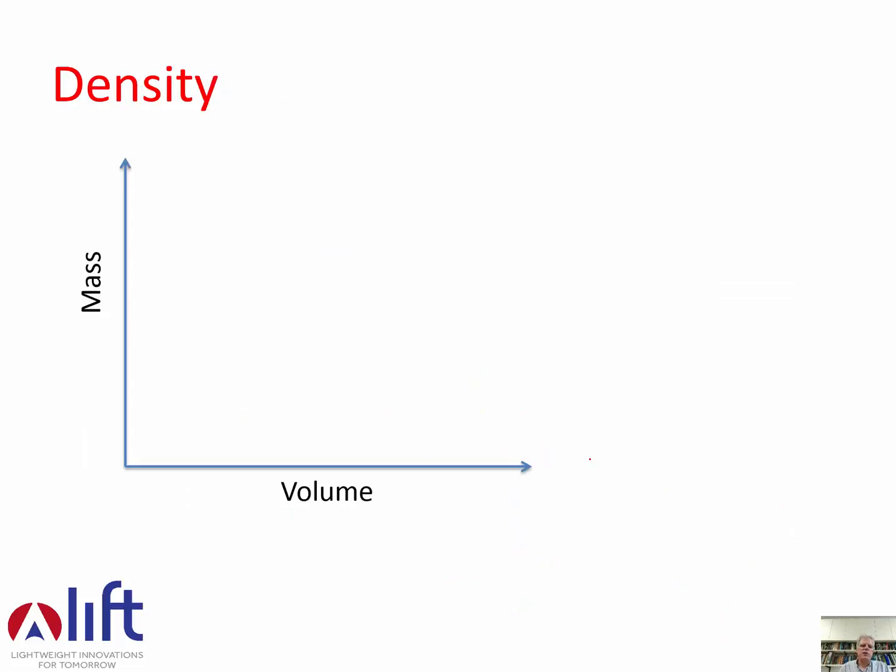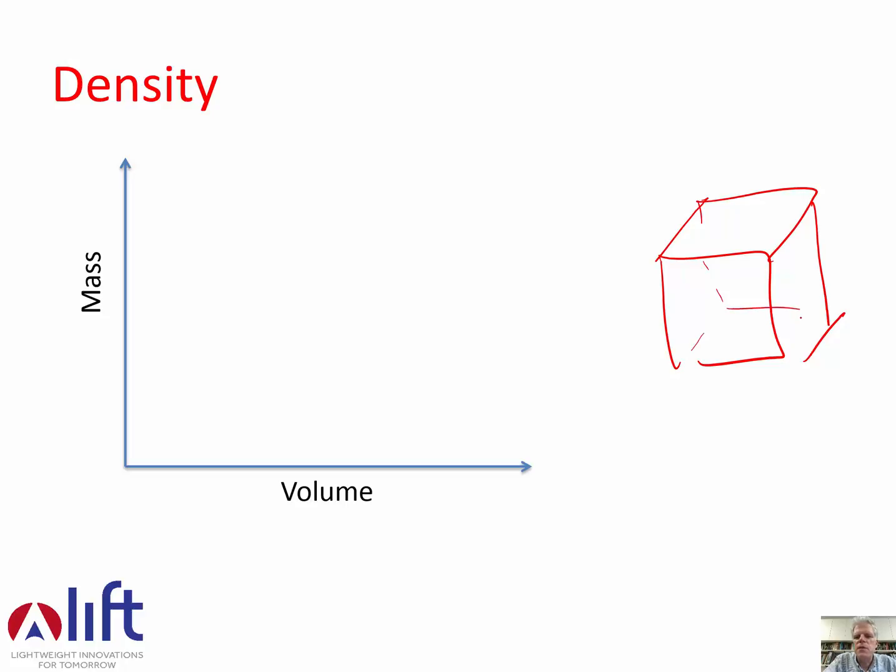So density, here's the key idea. You can take some material, aluminum, steel, balsa wood, magnesium, you name it, and you could measure the volume of this thing. You can also measure the mass of this thing, and you could put that onto a graph for a bunch of different blocks of the same material of different sizes.